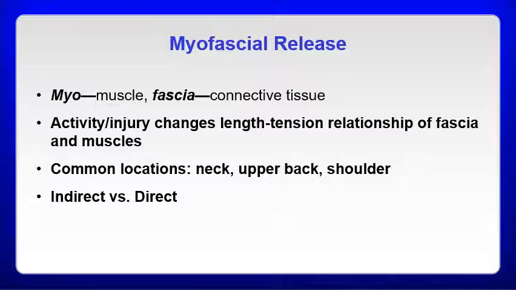And as I stated earlier, you have indirect and direct techniques. Your indirect techniques are where you're actually looking to shorten the muscle, and by doing that, taking stress off of it and quieting down that gamma efferent gain that I just talked about. Or you have the direct techniques where you're trying to get more of an actual manipulation and stretching of the soft tissue.